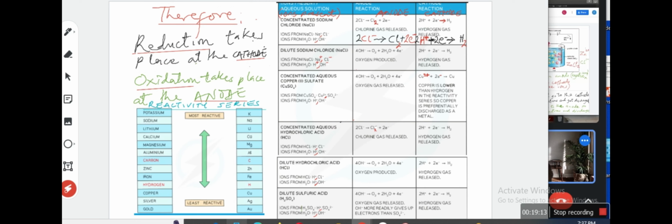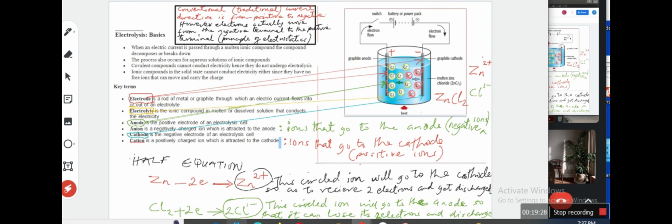If you think about reduction, what is reduction again? Reduction is gain of electrons. Let's think of this zinc here. What charge does it have?